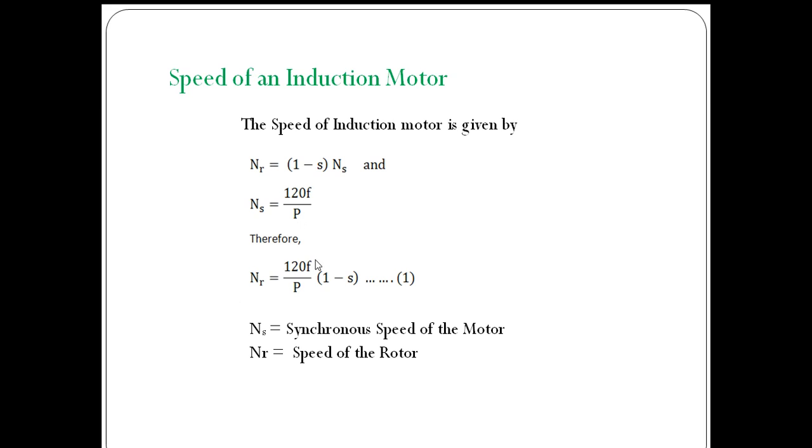By combining these two equations, we get Nr equal to 120 F by P into (1 minus S), where Ns represents the synchronous speed of the motor and Nr represents the speed of the rotor. This is the expression for speed of the induction motor.